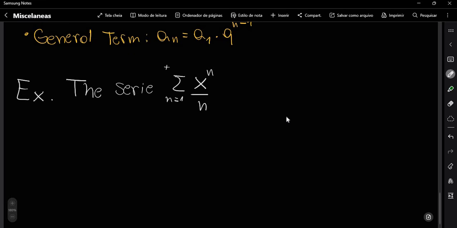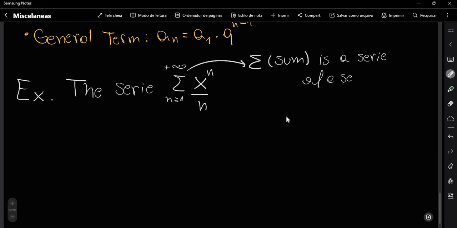So this is the lower limit, and infinite as our upper limit. And something that I didn't tell you is that this sum is what characterizes a series of a sequence.